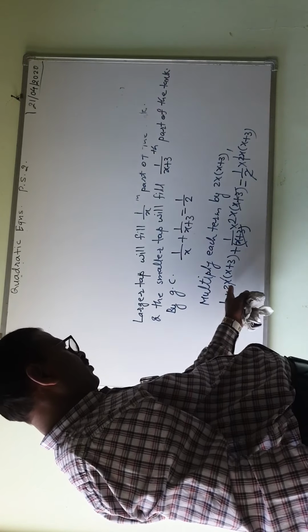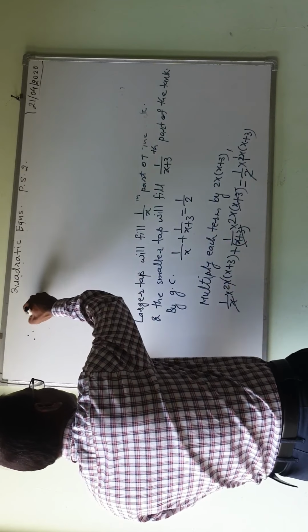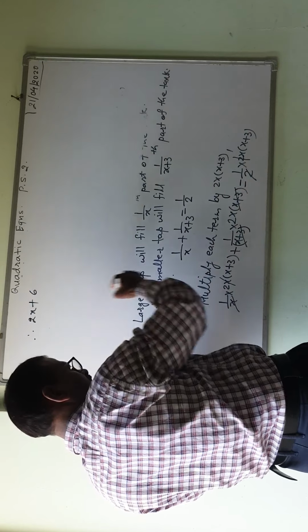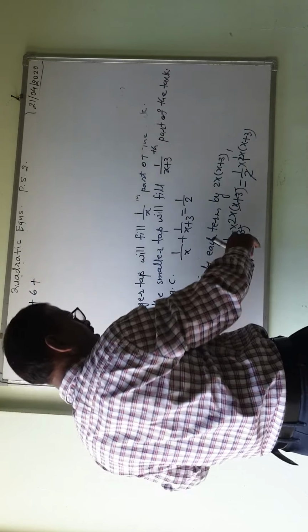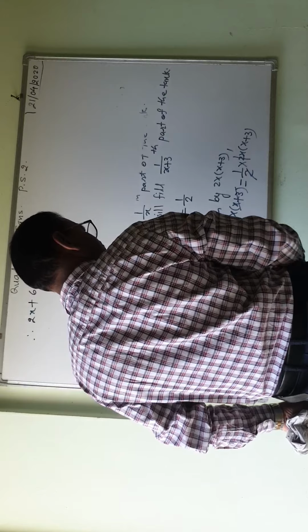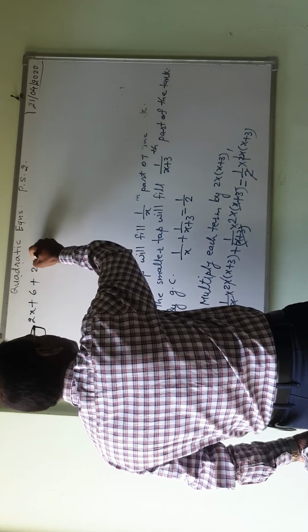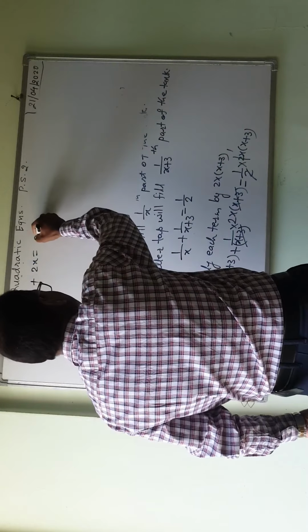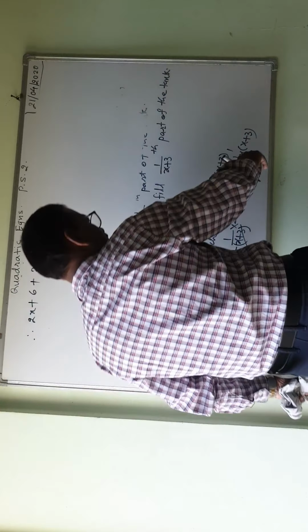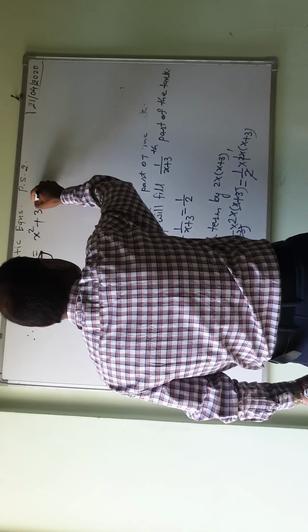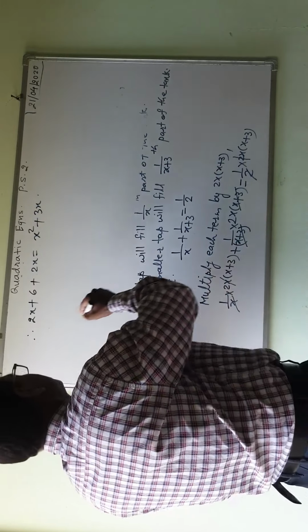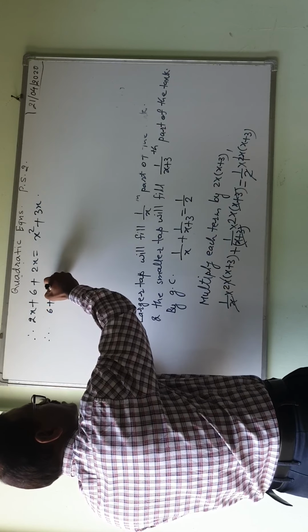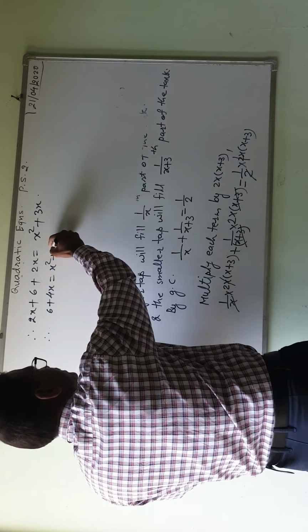Therefore, 2 into x is 2x plus 2 into 3 is 6 plus this is 2x is equal to, this will be x into x is x square plus x into 3 is 3x. Therefore, this will be 4. 6 plus 4x is equal to x square plus 3x.